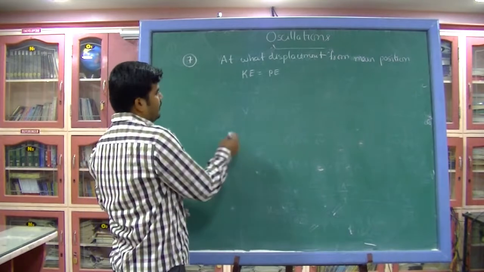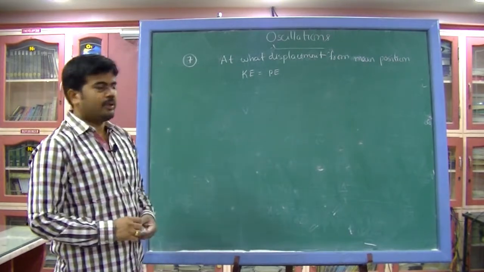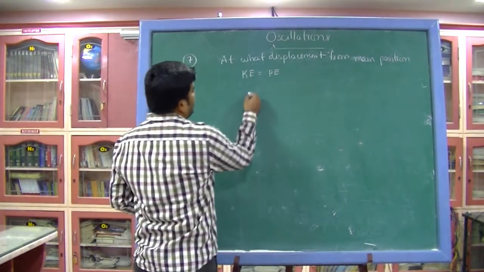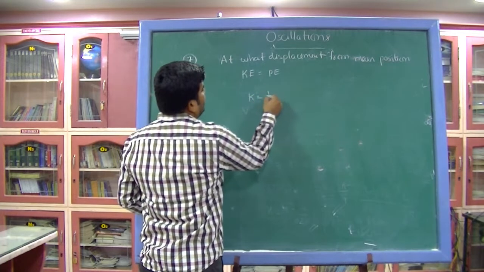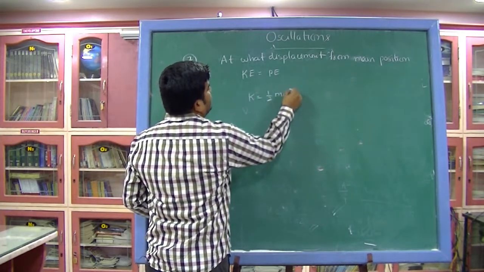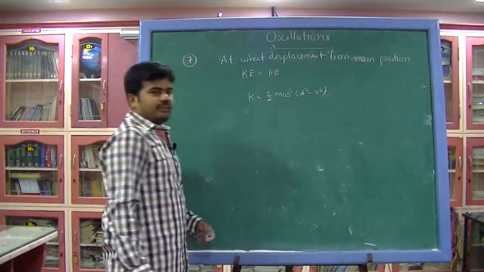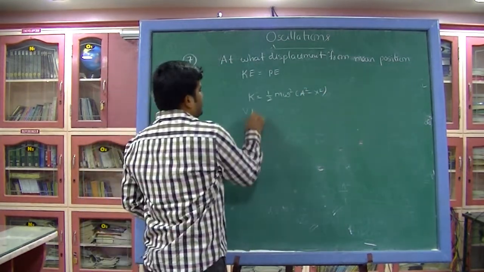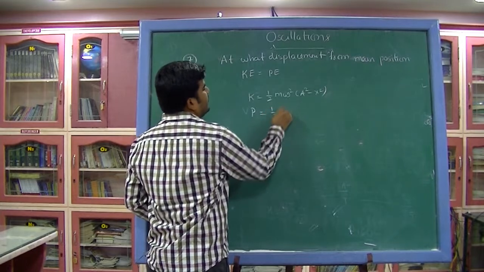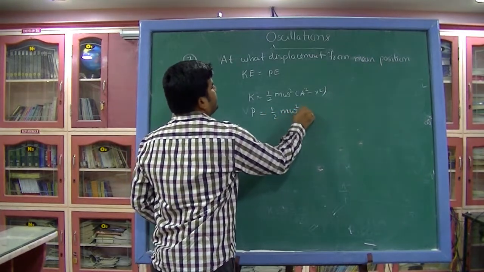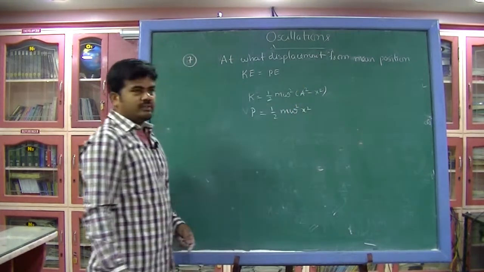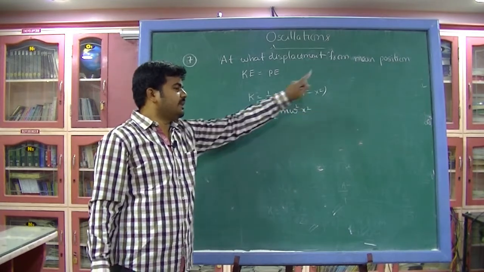So, here we know kinetic energy in terms of displacement is given by K is equal to half m omega square into a square minus x square, and potential energy is half m omega square x square. Now, if you equate these two and solve it for x, you will get the required answer.